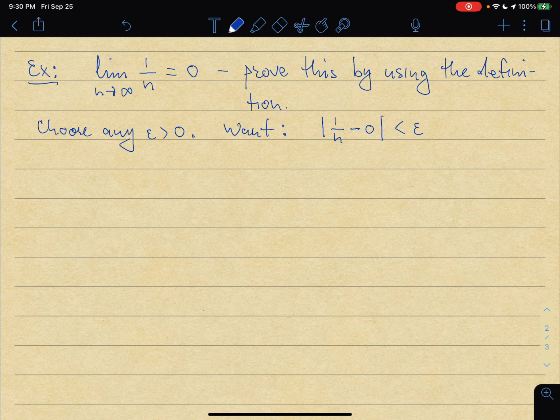Well, let's see. Let me rewrite this on the next line. Absolute value of 1 over n minus 0. That's the same thing as absolute value of 1 over n. Absolute value is not needed for 1 over n because it's already positive, so this is just 1 over n, and I want 1 over n to be less than epsilon.